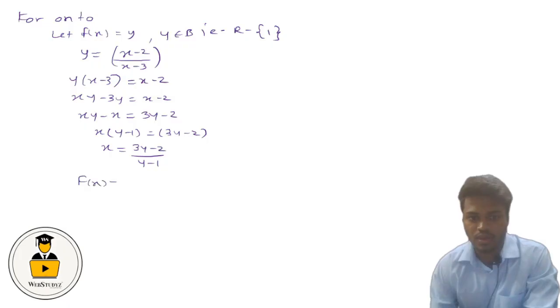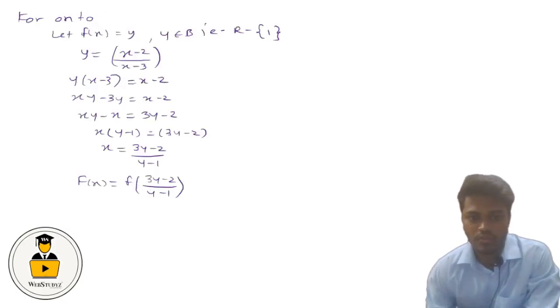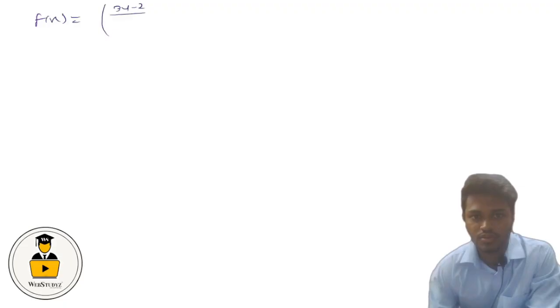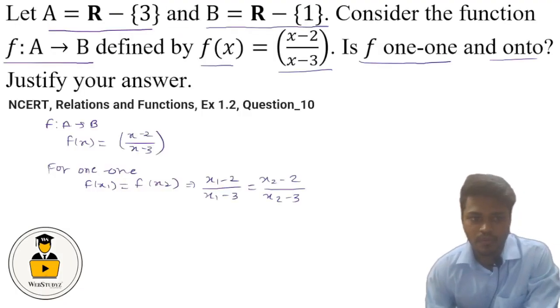So our f of x will now become f of 3y minus 2 upon y minus 1. The original function is x minus 2 upon x minus 3. In the place of x, we will now put 3y minus 2 upon y minus 1. So it is 3y minus 2 upon y minus 1 minus 2, divided by 3y minus 2 upon y minus 1 minus 3.